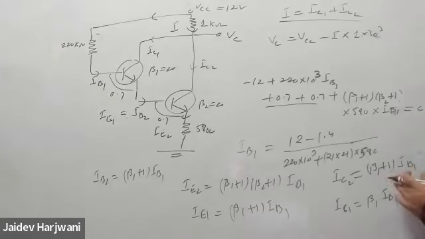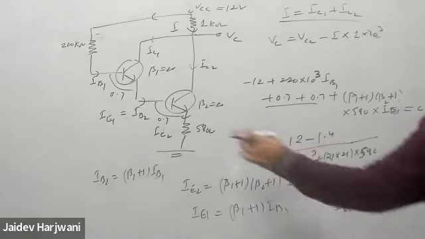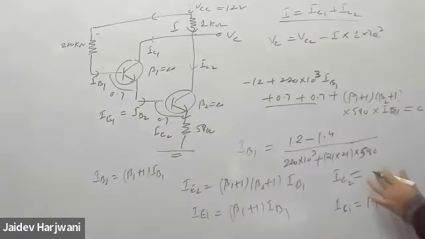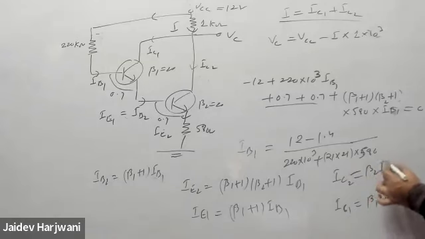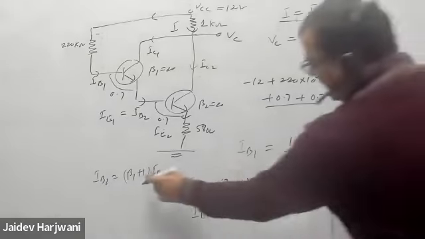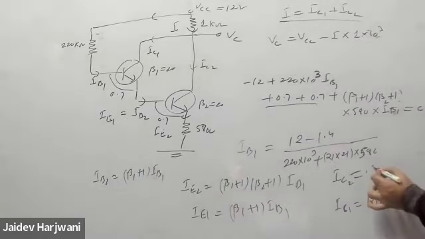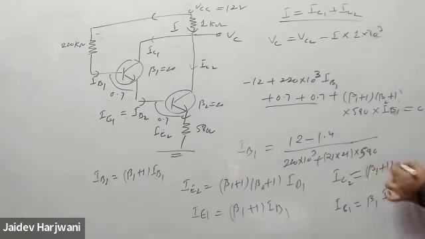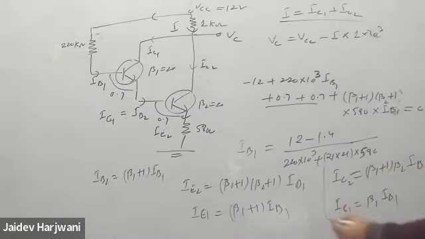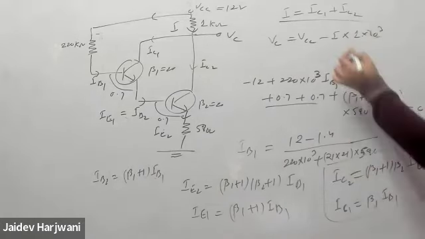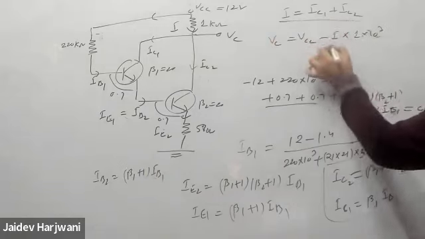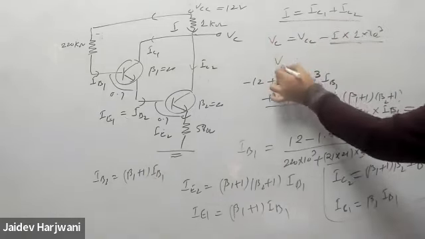So IC2 will be beta 2 into IB2, and IB2 is my beta 1 plus 1 IB1. So this becomes my beta 1 plus 1 beta 2 IB1. So you can use these two formulas and put the values here and find the total current I, and then subtract from this one, and you can find the VC.